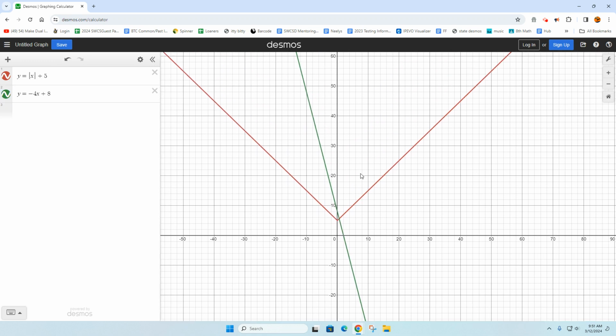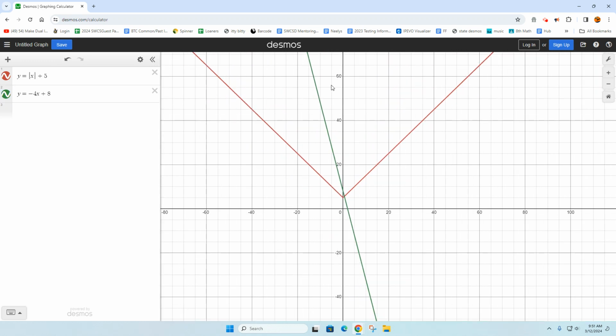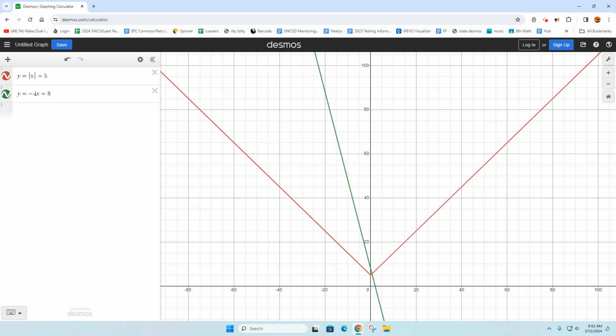Tell me why you think there's another solution or why you think there's not another solution. Eli. Doesn't look like it. I like that answer, but I want a little bit more. They are both straight lines. The absolute value one is going farther out, and the second one is going out, but slightly less out.